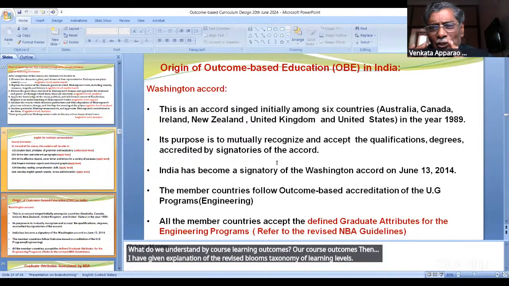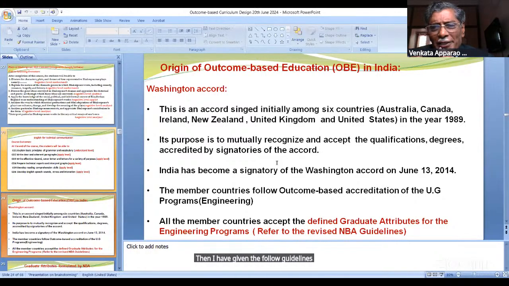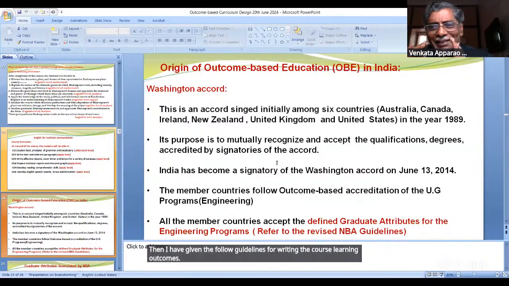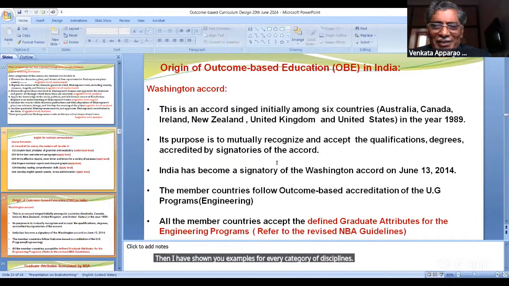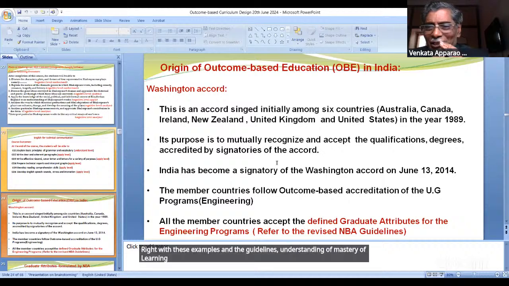Then I have given the 12 guidelines for writing the course learning outcomes. Then I have shown you examples for every category of disciplines. With these examples and the guidelines, and understanding and mastery of learning levels, you will be able to easily write the course learning outcomes now.